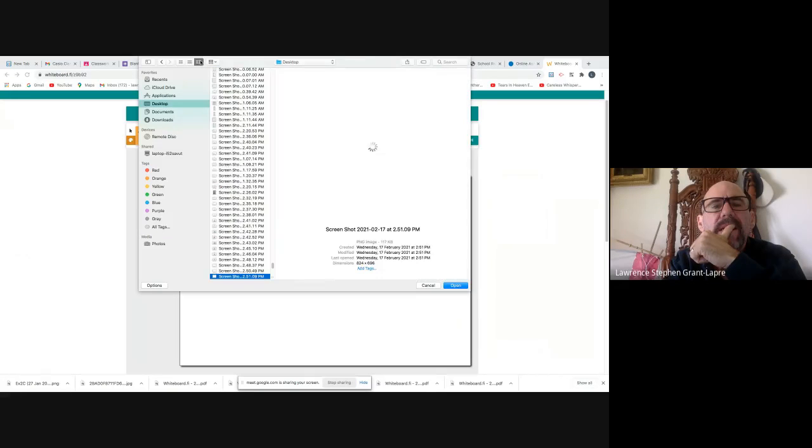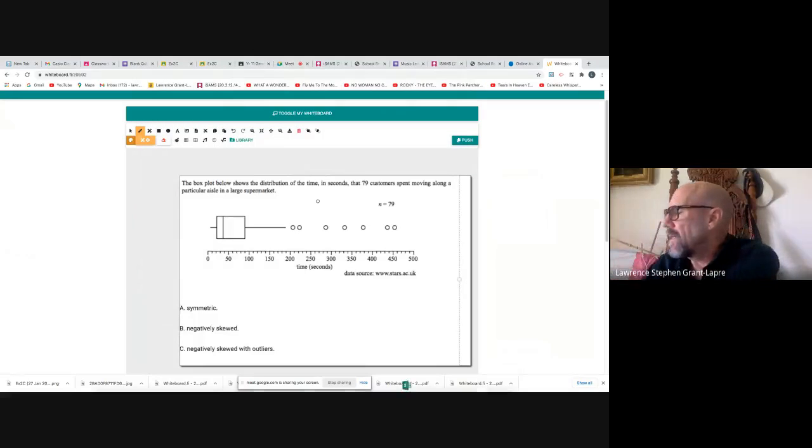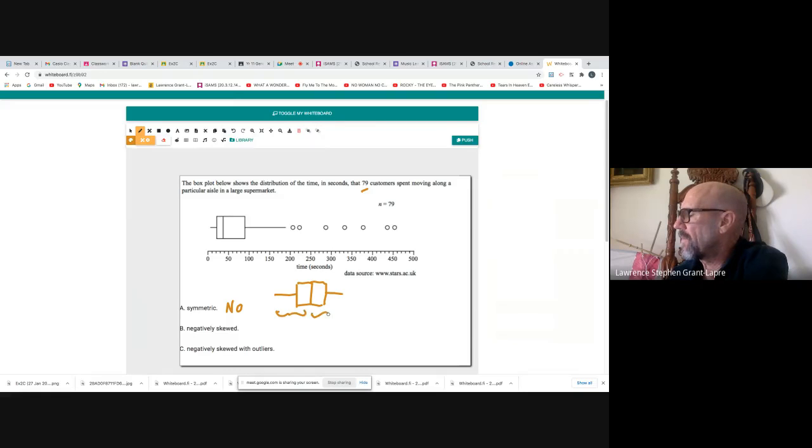Yep. Okay. Now this box plot below shows the distribution in seconds, the same 79 customers. Is it symmetric? No. Symmetric looks like this. If you've got some outliers, you'll even have some outliers.